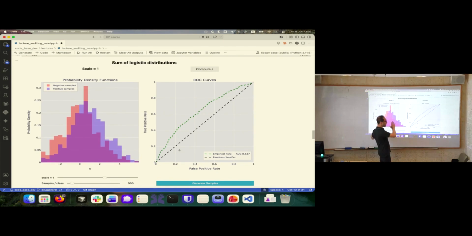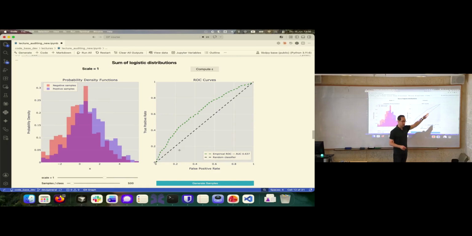This is the same idea of what we saw before, but now I don't know how to write analytically the PDFs or the ROC. But what I can do is simply sample 500 points from each of the two distributions. I get two histograms.